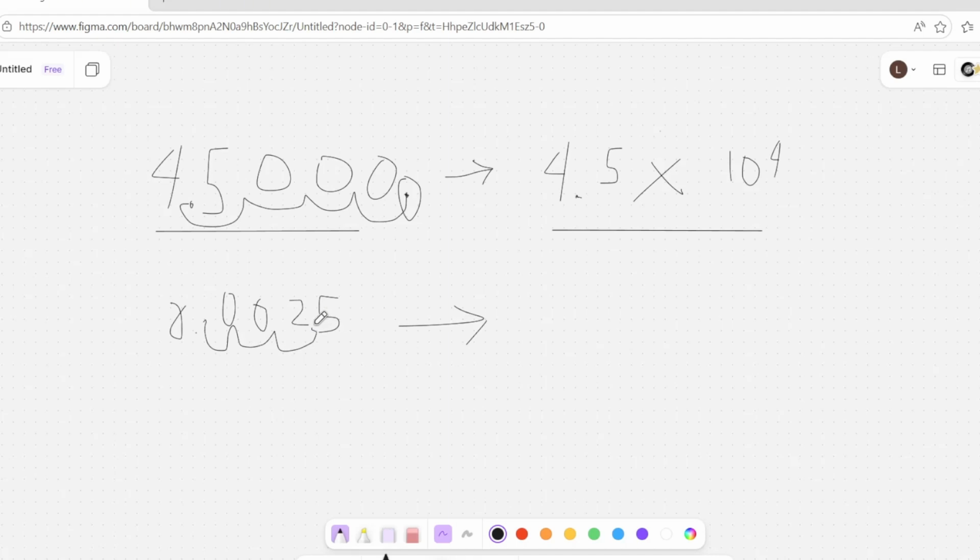Let's rewrite the number: 2 following the decimal point, and then we place the 5. Likewise, we also multiply it by 10. But in this case, since this is a small number, 0.0025, the exponent will be negative. How many times? 1, 2, 3. So we moved the decimal point 3 times to the right.